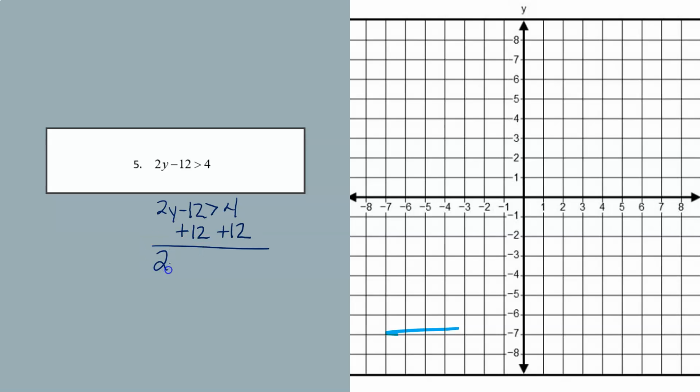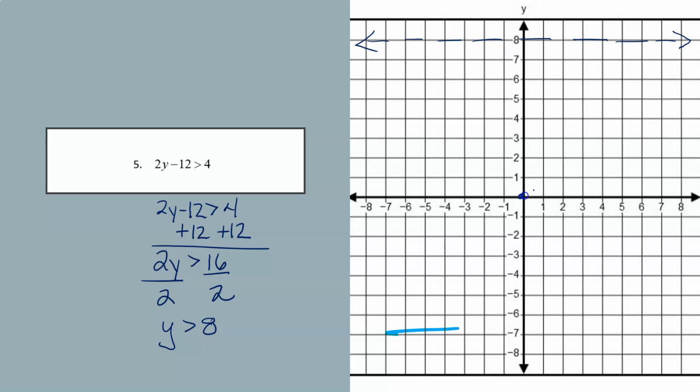So I have 2y is greater than 16, and I am going to divide by 2. So if you remember how to graph y equals something, you're going to go up on the y and you're going to graph this. So it'll be a dashed line on the 8 here, like that.